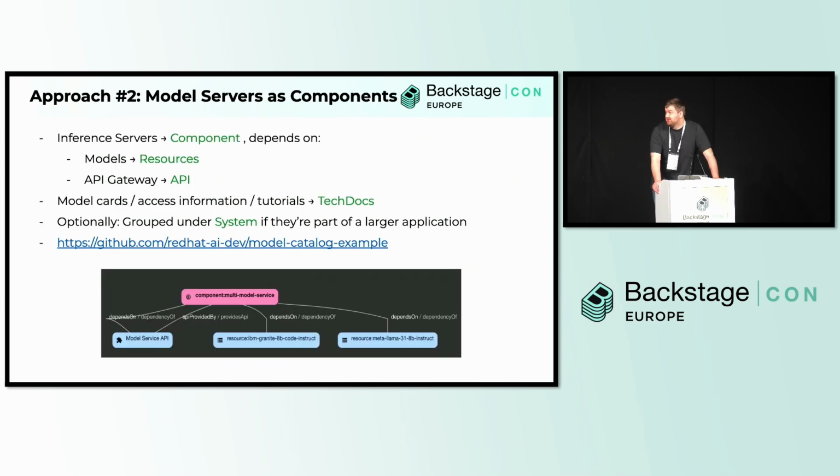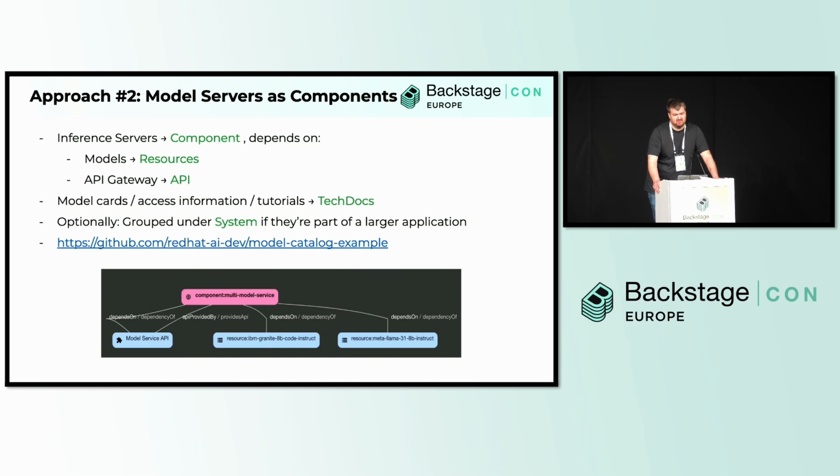So the second approach we took was to make inference servers components, which would then depend on one-to-n models that were deployed on the inference server, and then an API resource in the catalog for its API gateway. And then to solve the issue with usage instructions and login information, we stored those under tech docs associated with the model server and model resources.